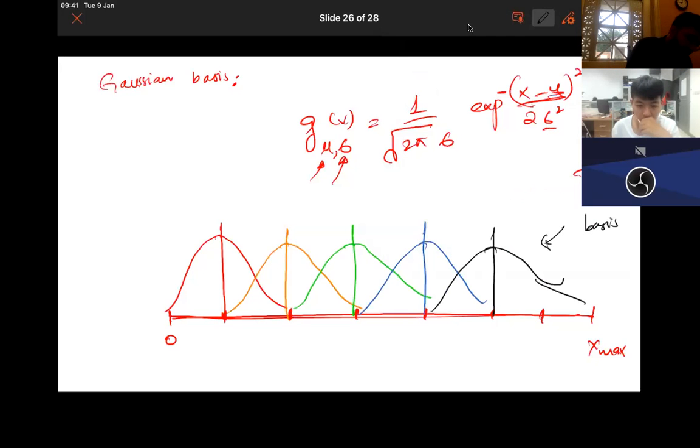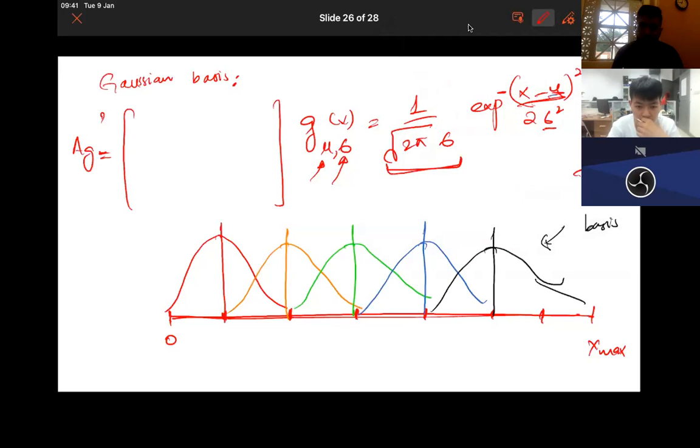Again, let me write the A matrix for this, let's call it A Gaussian. I'm going to drop this constant, because it doesn't matter whether you have it or not. It doesn't depend on mu, and our Gaussian functions depend on mu only. So I'll just write the exponent form.